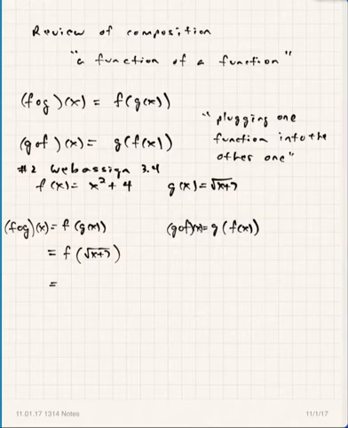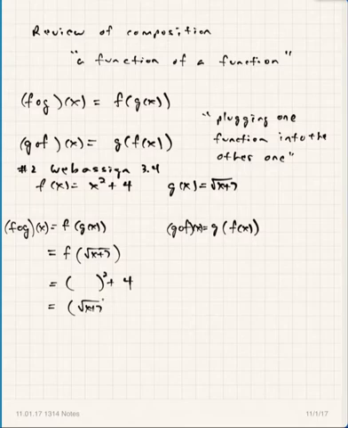I go to f, and notice that f is x squared plus 4. So I always take the x, put an open set of parentheses there, and then drop in my function. So I'm literally putting the g function into the f function, dropping the square root of x plus 7 into the f function.